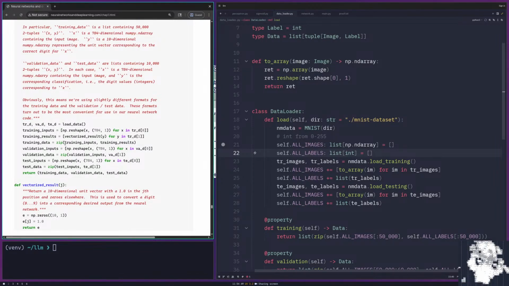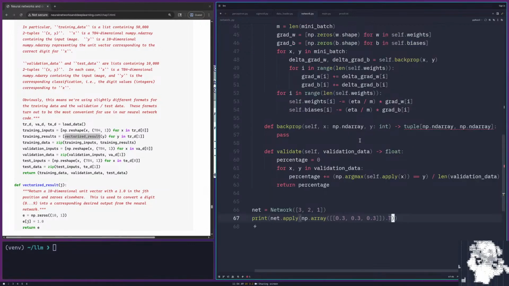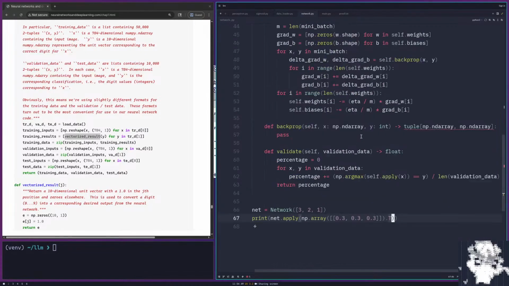Yeah, and then there's zipping the inputs with the results. Oh, they're vectorizing the result. I'm just leaving it as an integer. I don't think that matters, because I guess it's going to matter at some point. At some point we'll have to vectorize the result.